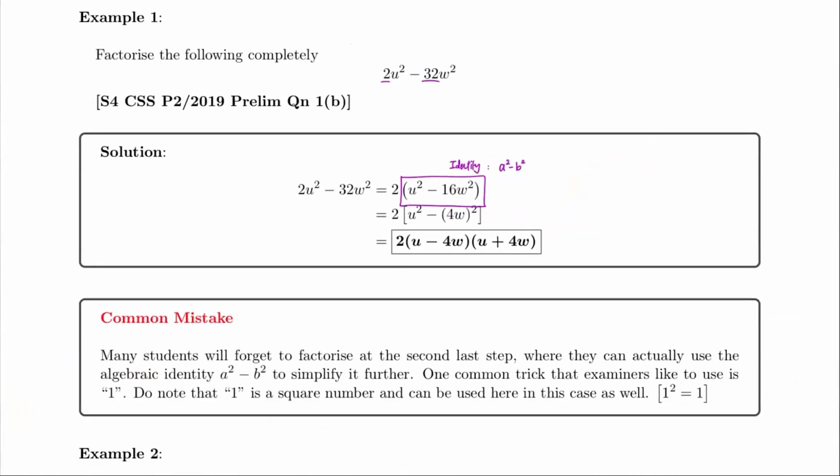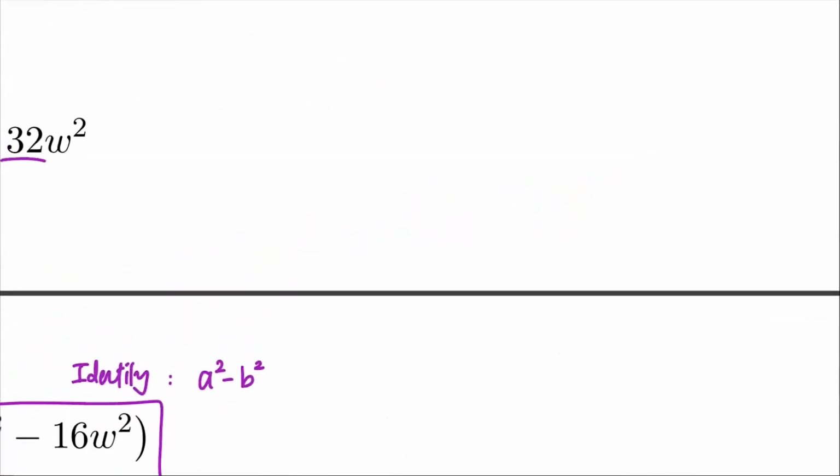One thing I want to stress is this, look at a common mistake box. For example, if you see things like this, 4x squared minus 1. Are you able to break this down even more? Yes, definitely. The reason is because you can rewrite this as 2x squared minus 1 squared.